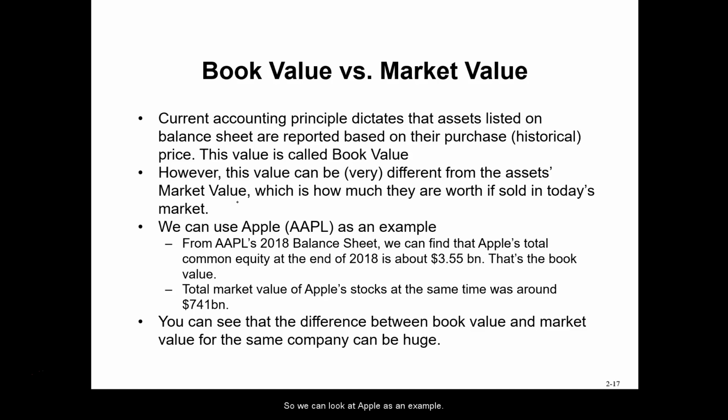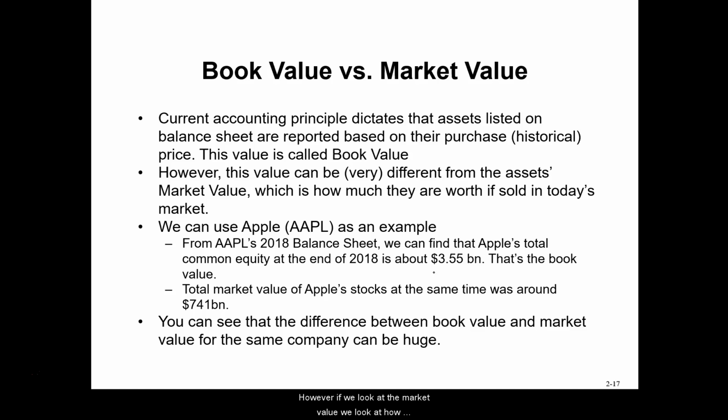So we can look at Apple as an example. If we look at Apple's 2018 balance sheet, we can find that Apple's total common equity at the end of 2018, that is the book value, is about $3.55 billion, which is a lot of money.